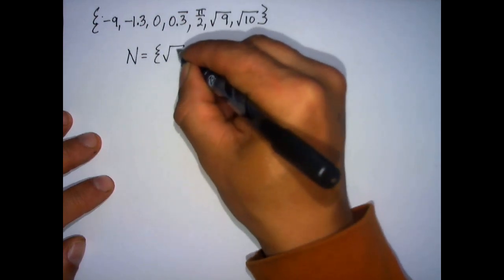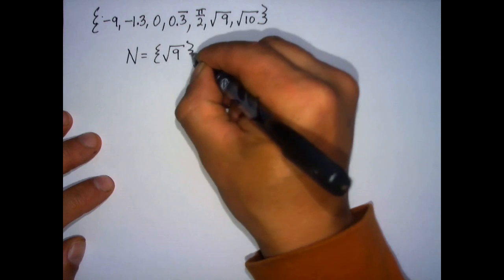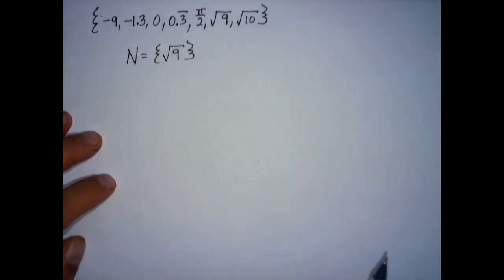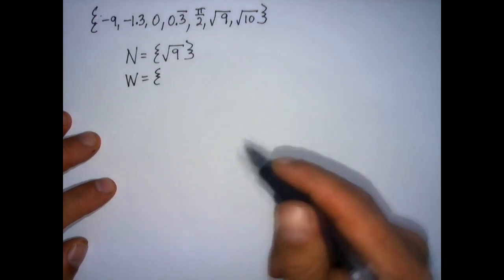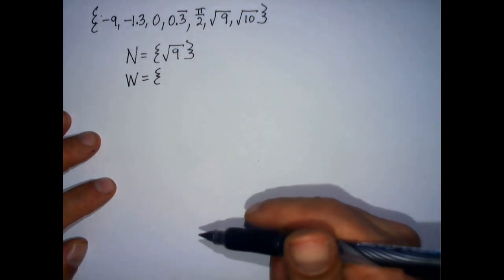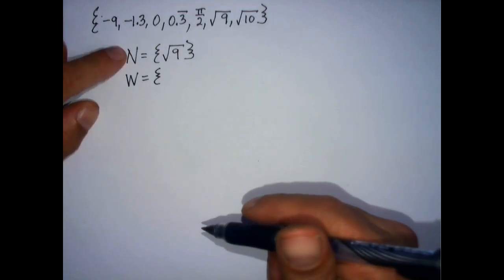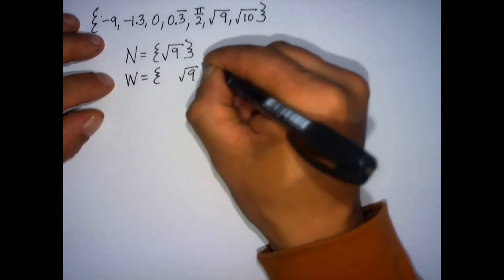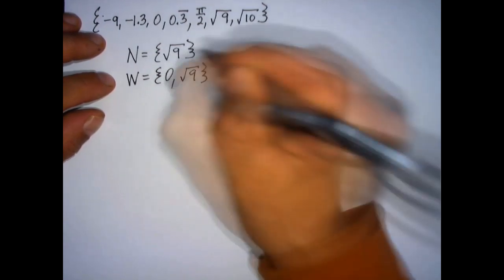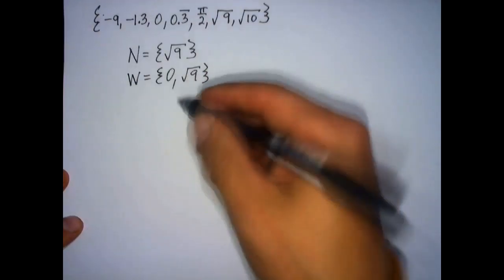Square root of 9 is a natural number, and we know that square root of 10 is not. Okay. Whole numbers. There's only one other whole number. If there's only one number that's not here, we already know it's square root of 9. But what's the other whole number? 0. If 0 wasn't listed up here, they could be the same. That's fine.